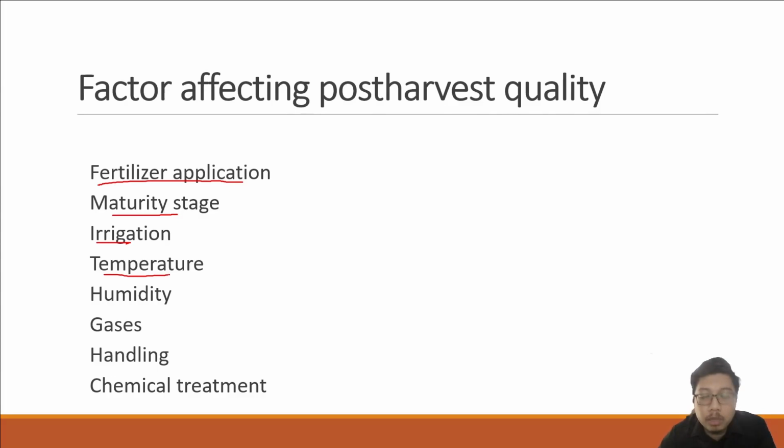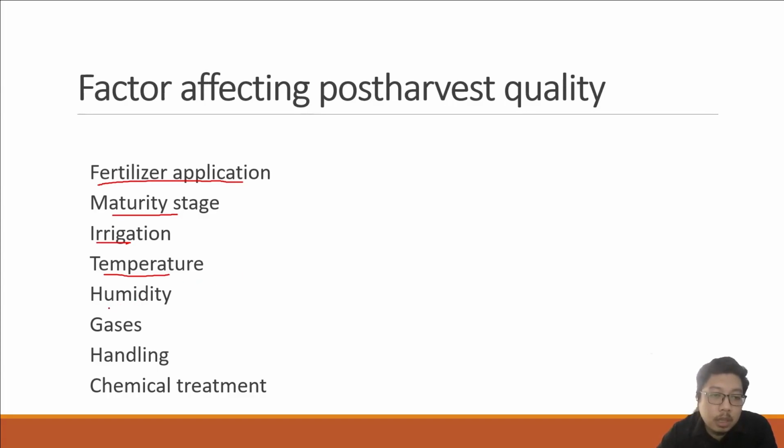Too low may cause what we call chilling injury to the crops. For example, when you store banana in the fridge, it will become brown, right?